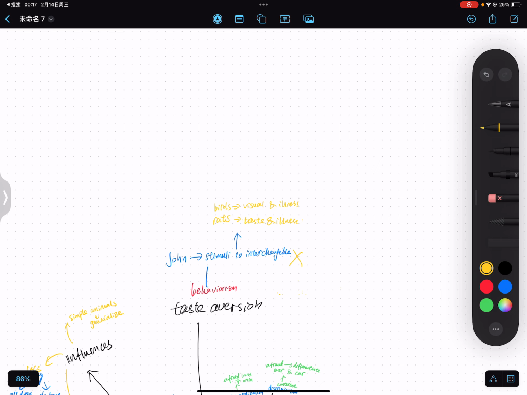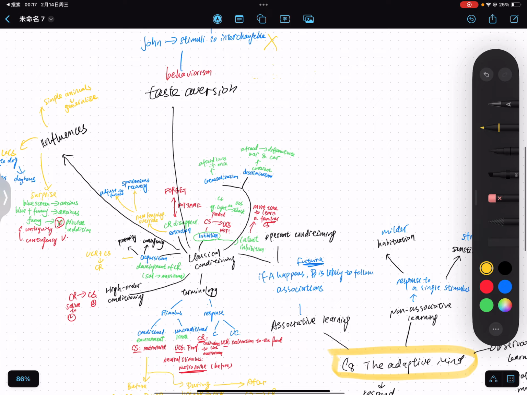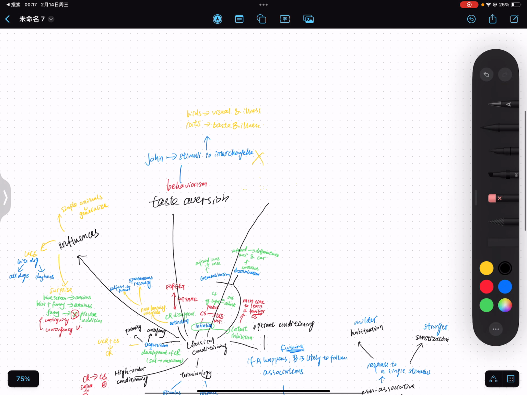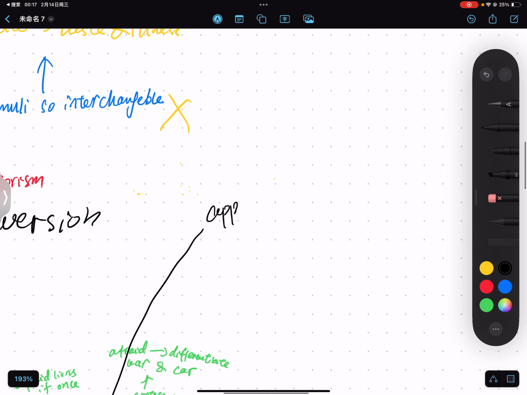So when do we apply classical conditioning? We can use it to overcome fear. Now we have two ways. One is exposure therapy, where you expose yourself to the strong stimulus of the thing you're afraid of for a lot of time.